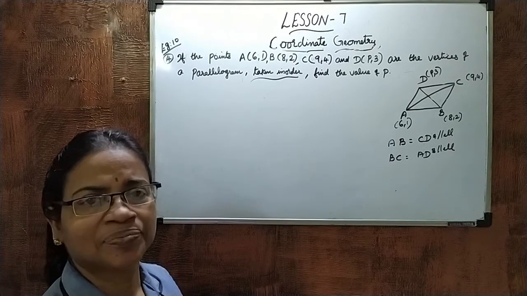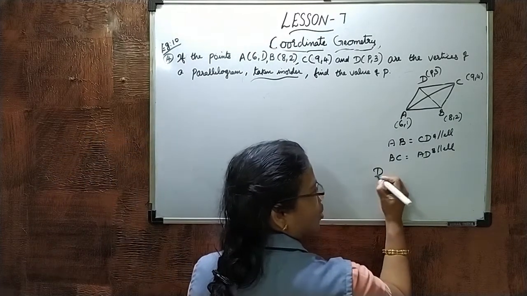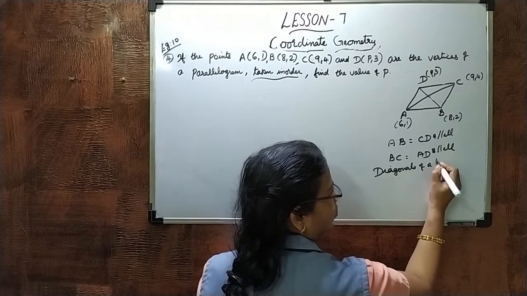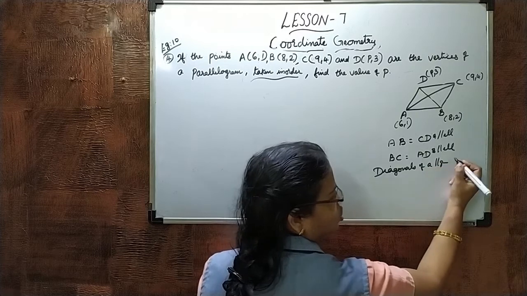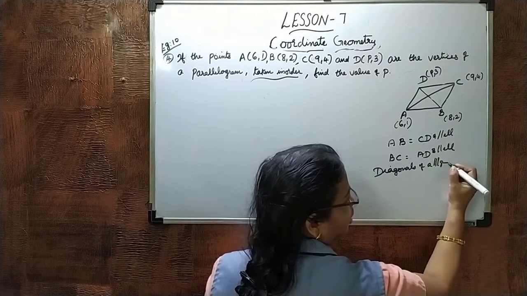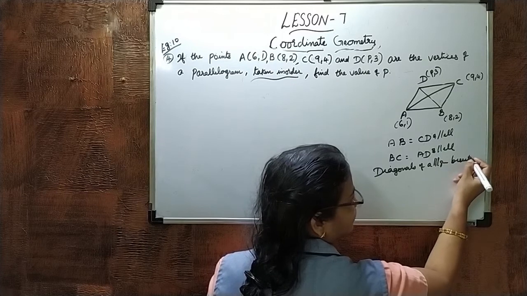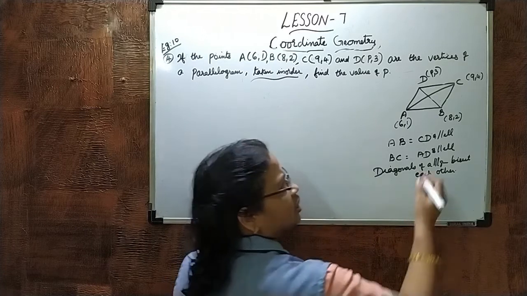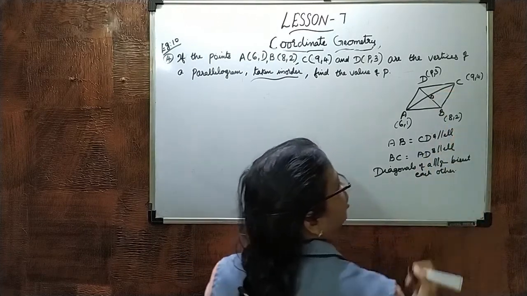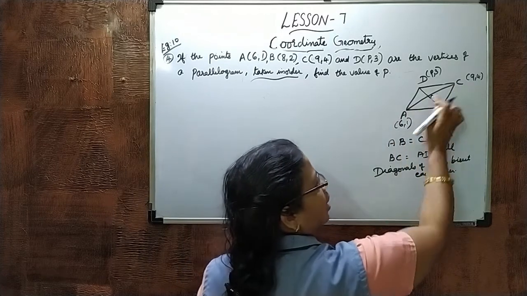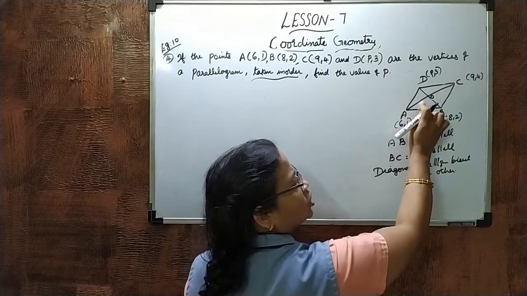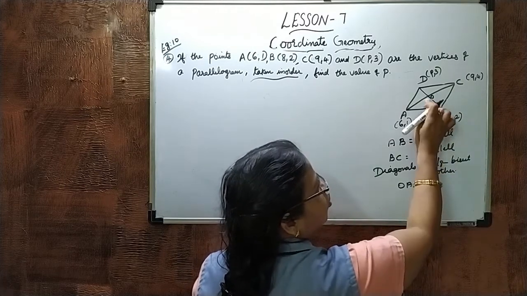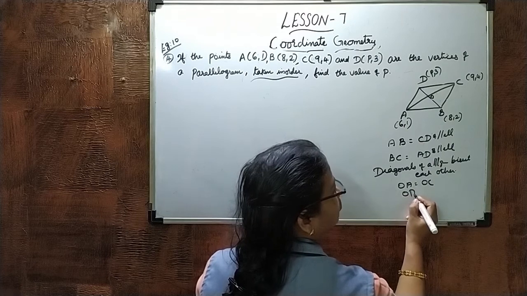What is the next condition then? The diagonals of a parallelogram bisect each other. What is the meaning of this? Suppose this is the point O. Diagonals bisect each other means OA should be equal to OC, and OB should be equal to OD.